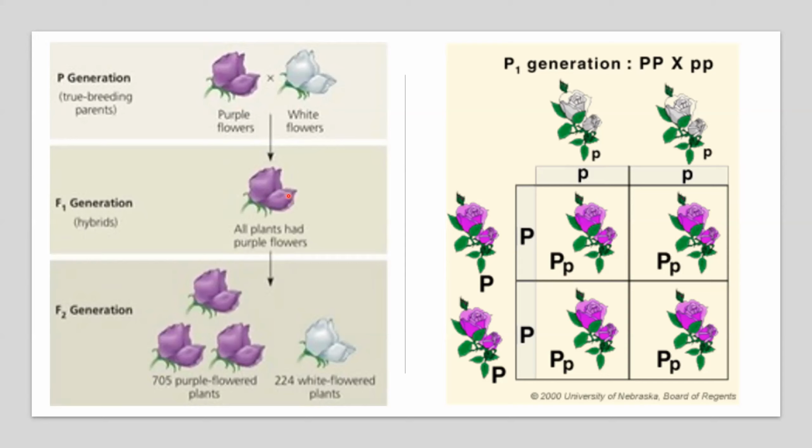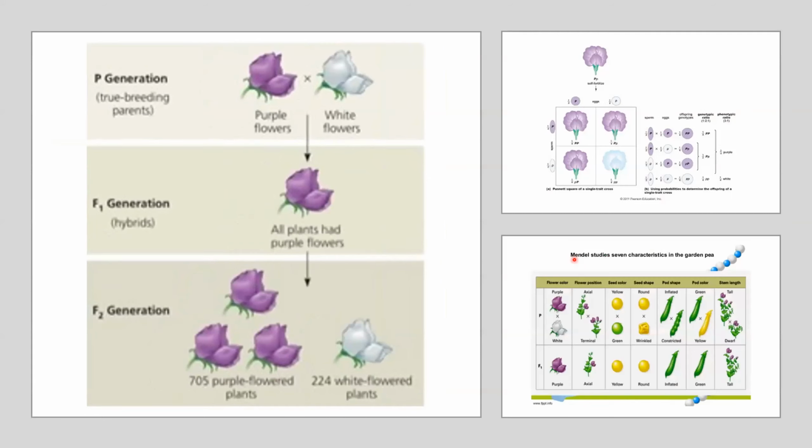Next, he took these F1 generations and bred those. So the F1 generation has the genotype of an uppercase P, lowercase p, and that is shown here. And he self-fertilized these.